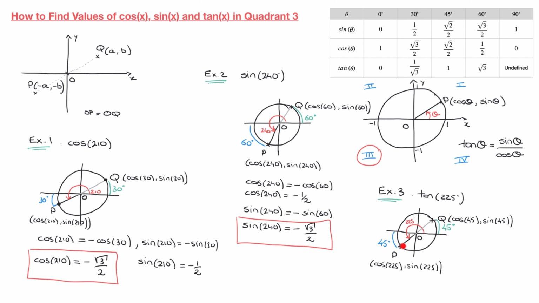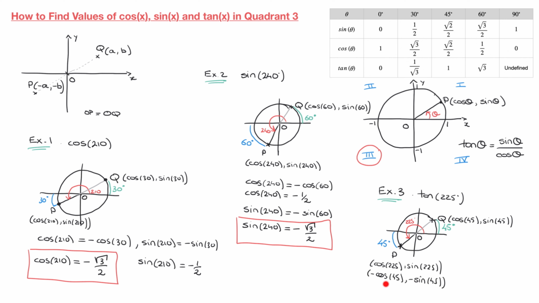And since point P is diametrically opposite point Q, we can state that cosine of 225 has to be equal to the opposite of cosine of 45, and that sine of 225 has to equal the opposite of sine of 45. And so I'll quickly write that underneath. Those coordinates are the same as the opposite of cosine of 45 and the opposite of sine of 45.